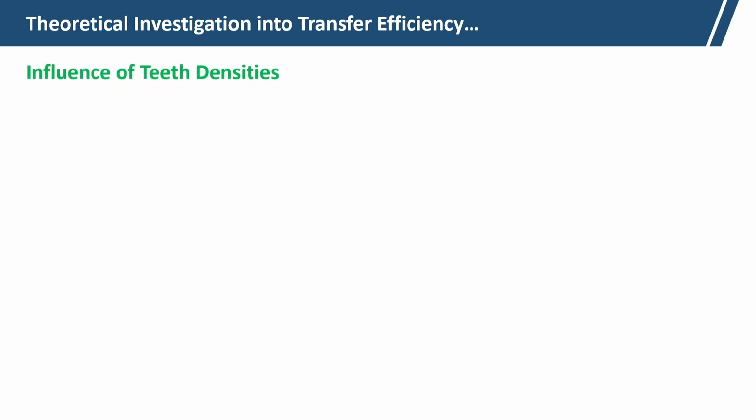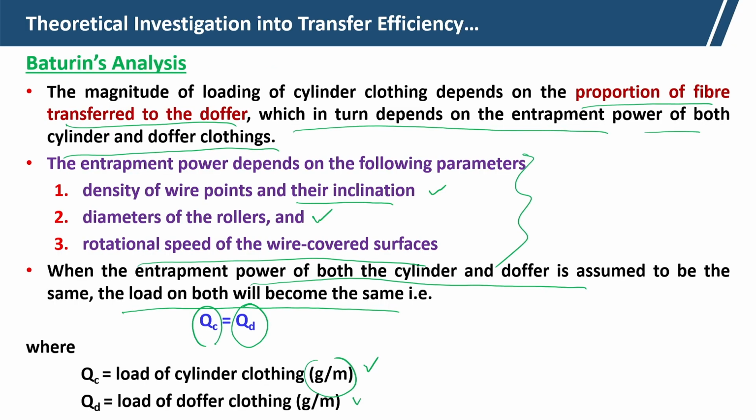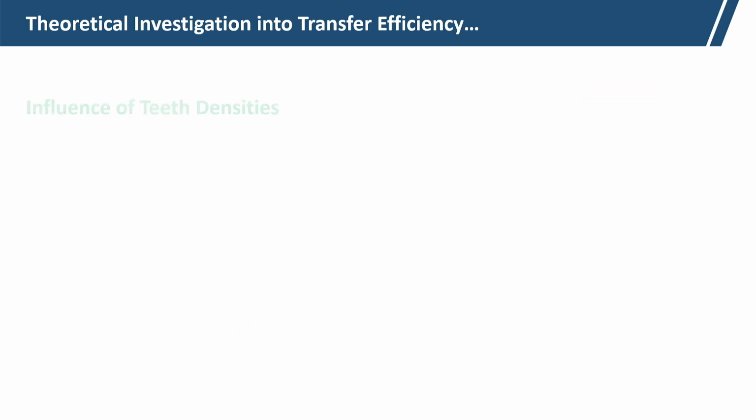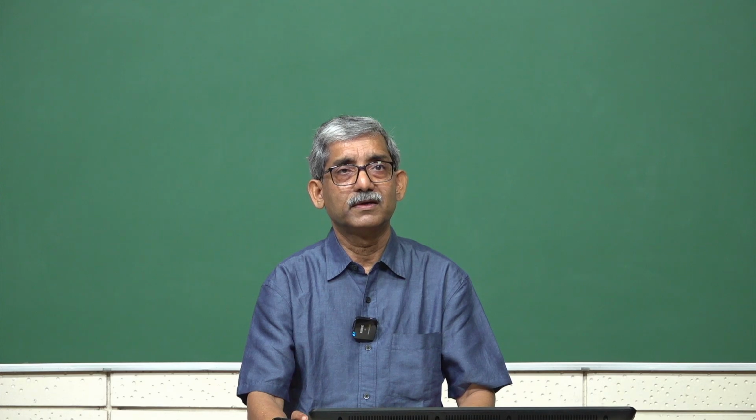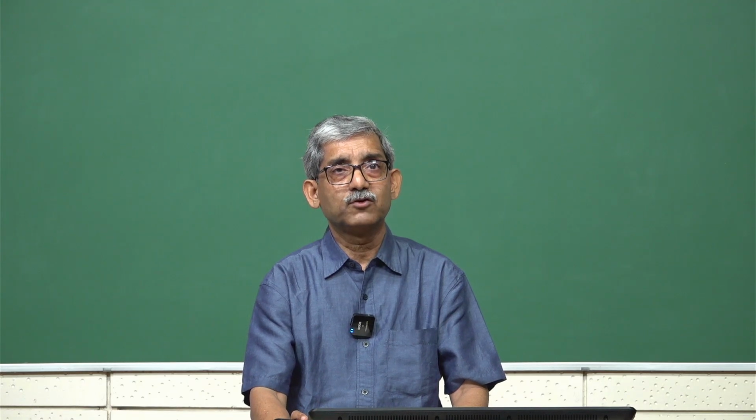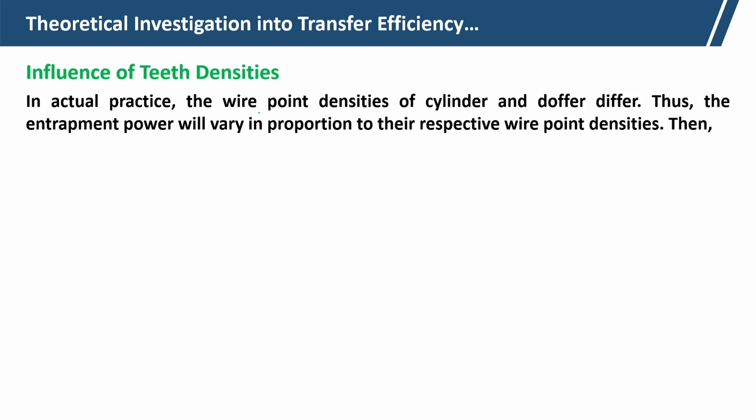Now, influence of teeth density, that we have already discussed. These are the parameters. Now, we will discuss each parameter one by one. So, what is the effect of teeth density? In actual practice, the wear point density of cylinder and doffer differs.